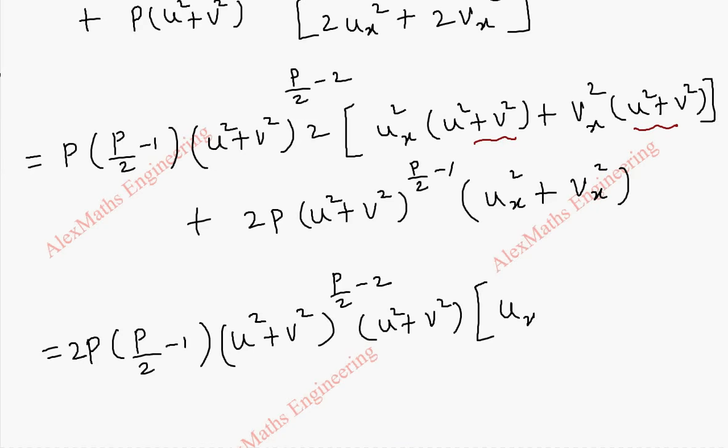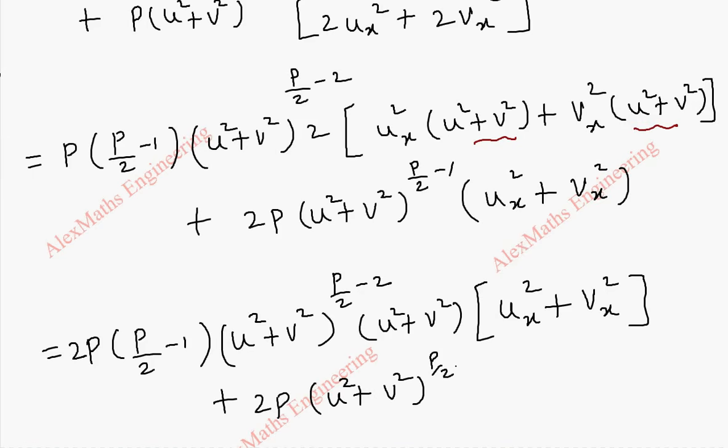After that we have ux square plus vx square, and here the second set of terms 2p into u square plus v square power p by 2 minus 1, then ux square plus vx square.